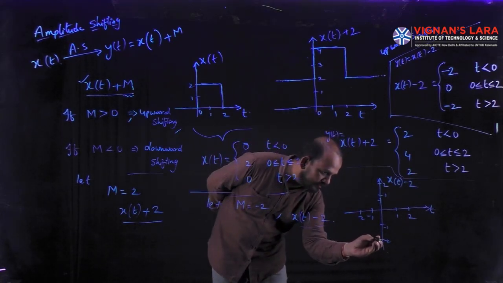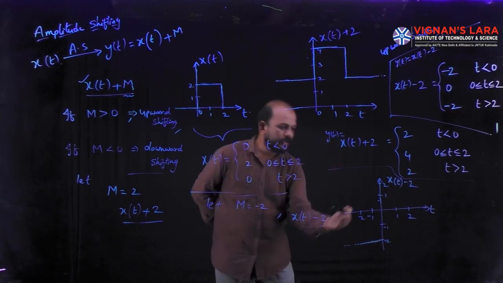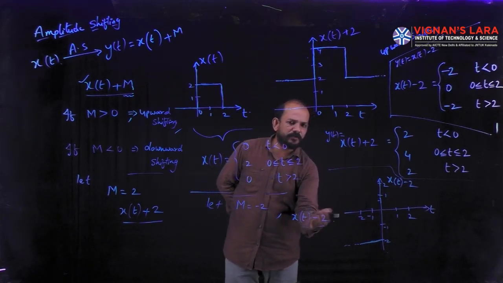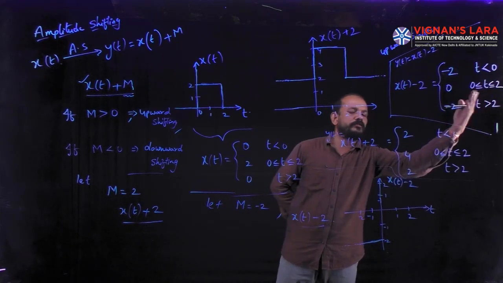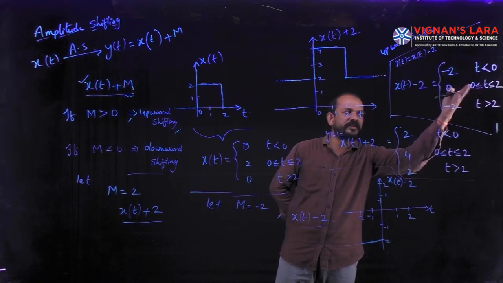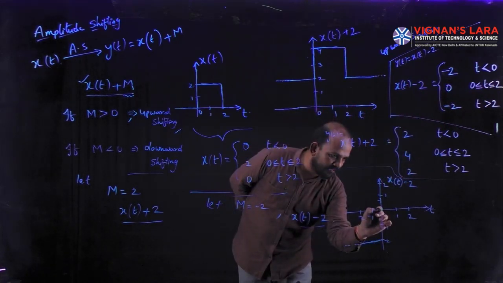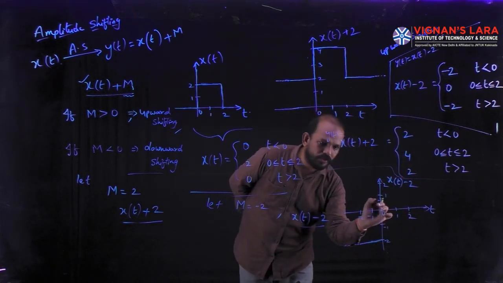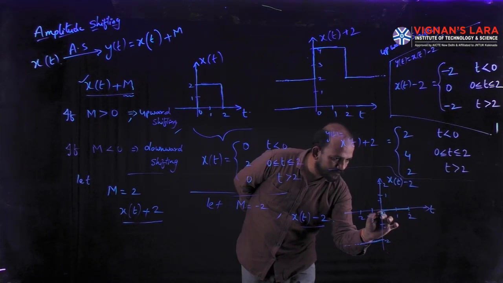Here is minus 2. Draw the line like this. For minus 1, minus 2, minus 3, minus 4, whatever it may be, the value is minus 2. After that, if the value of t is between 0 and 2, the value of x of t minus 2 is 0.